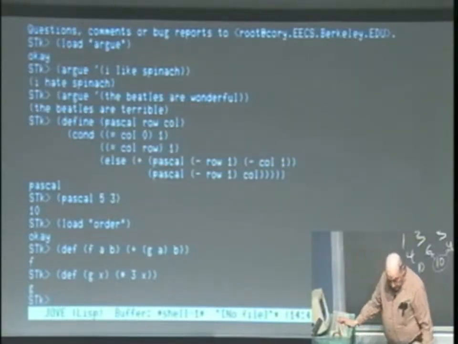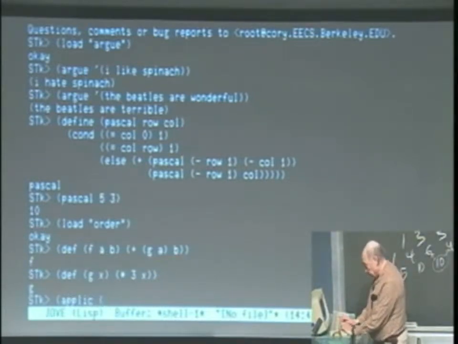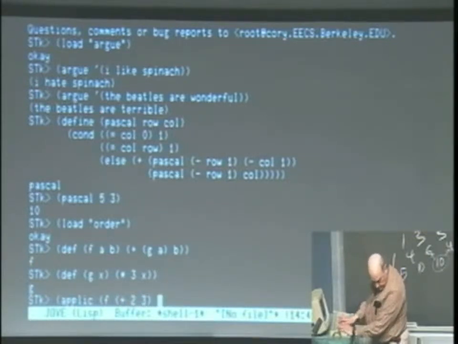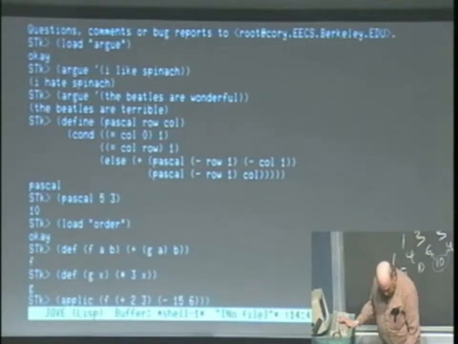And now I'm going to say, in applicative order, compute f of (+ 2 3) and (- 15 6). Close the minus, close the f, close the parenthesis.